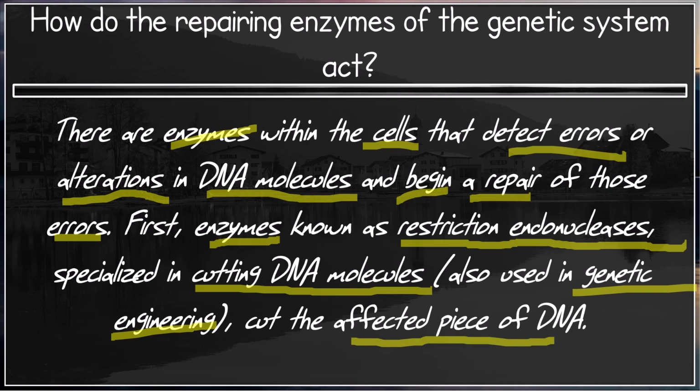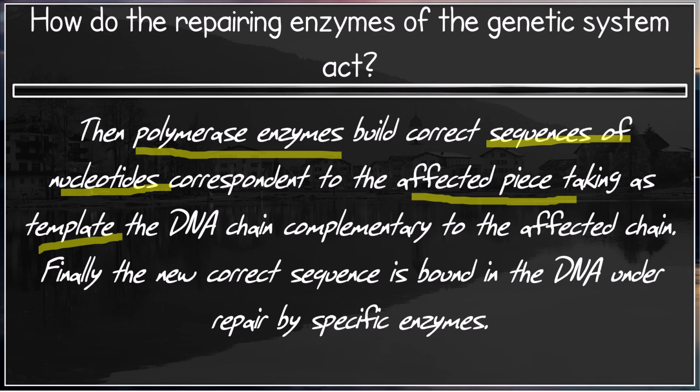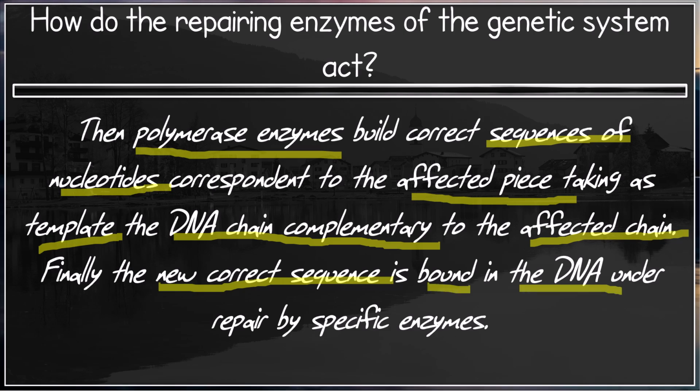It cuts the affected piece of DNA. Then polymerase enzyme builds the correct sequence of nucleotides corresponding to the affected piece, taking as template the DNA chain complementary to the affected chain. Finally, the new correct sequence is bound in the DNA under repair by specific enzymes.